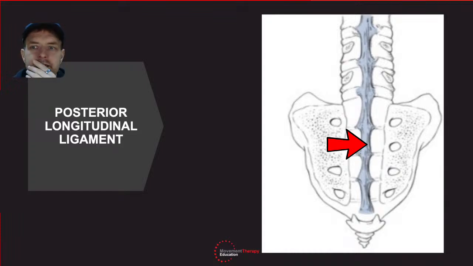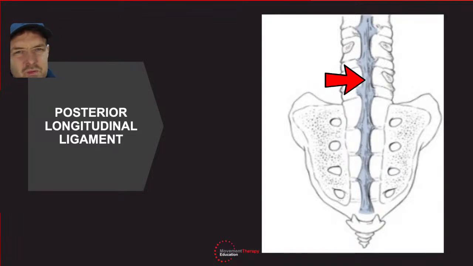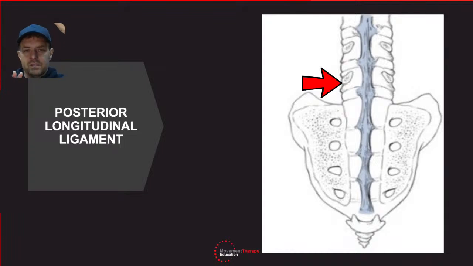So if we have a look here, this is where it becomes a little bit easier to see on the lumbars. That's your lumbar vertebra just there, and you've got a little bit of change in shape here and here, and that's because the back of the vertebra have been chopped off.